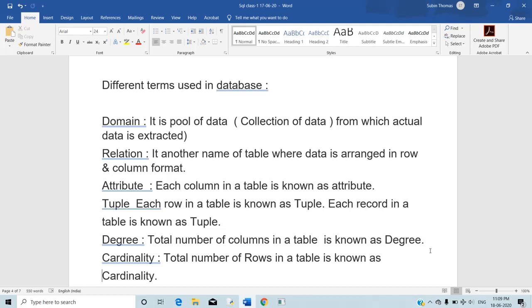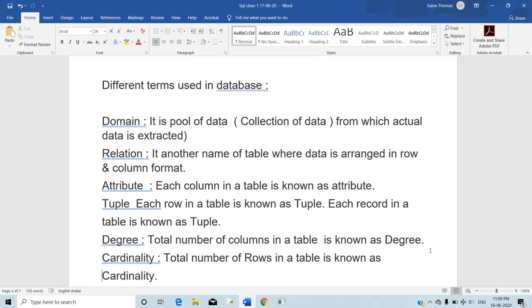And the next term is degree. Degree is the total number of columns in a table. How many columns are there in a table, the total number of columns, is known as degree. And cardinality means it's the total number of rows in a table, or the total number of records in a table.